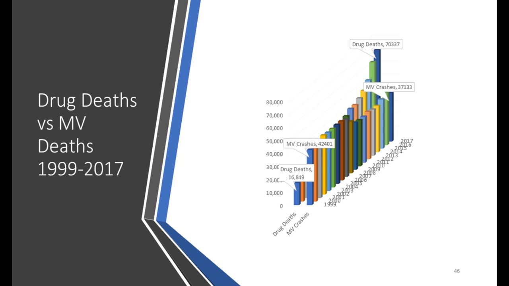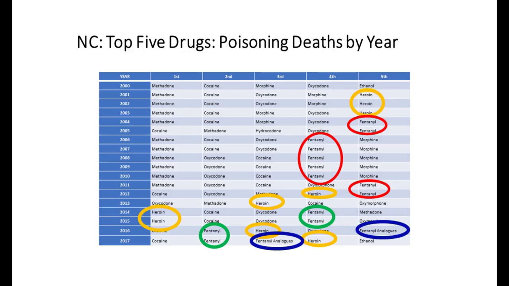So it's no secret here that drug deaths have increased dramatically in the last 10 years or so, and exceeded motor vehicle crashes as a cause of death quite some time ago in that time frame.